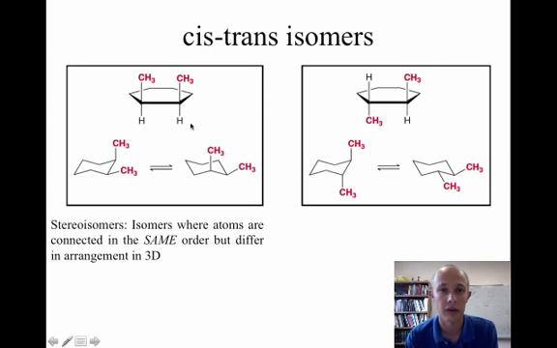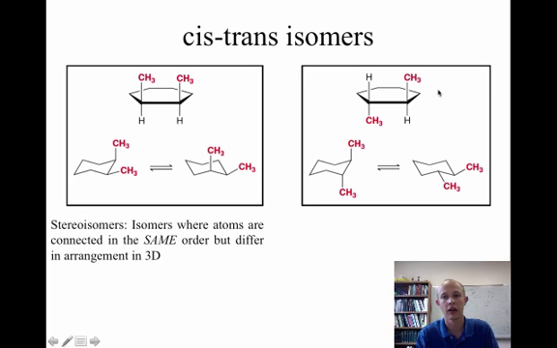Some examples that we're already familiar with are cis-trans isomers. So remember, this is cis-1,2-dimethyl cyclohexane, whereas this is trans-1,2-dimethyl cyclohexane. Notice that the atoms in both cases are bonded in the same order. Here you have a carbon that's bonded to a methyl and a hydrogen and two carbons, CH2, CH2, CH2, CH2, carbon bonded to a methyl and a hydrogen.